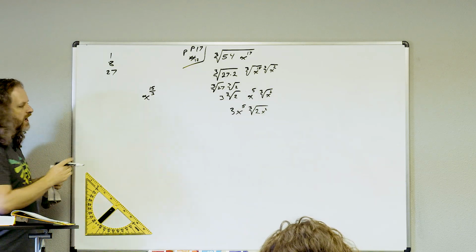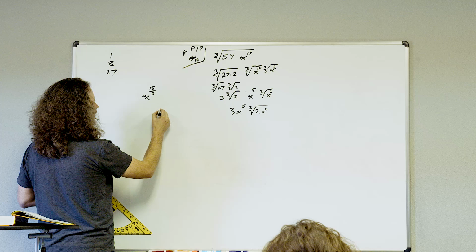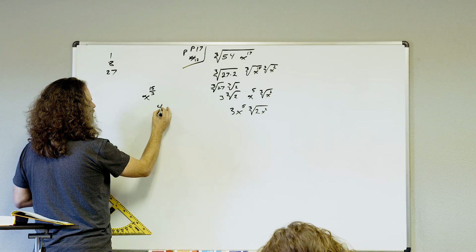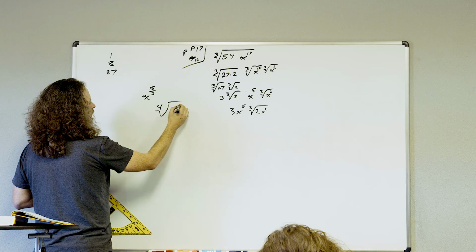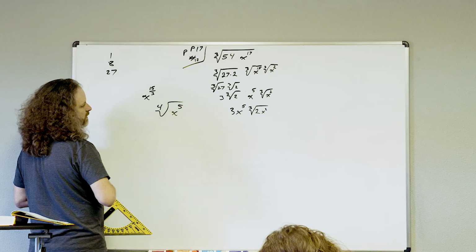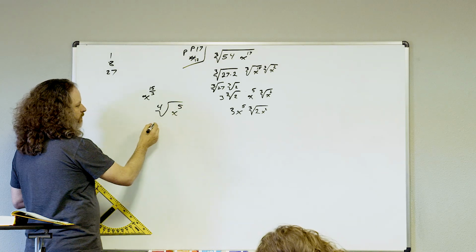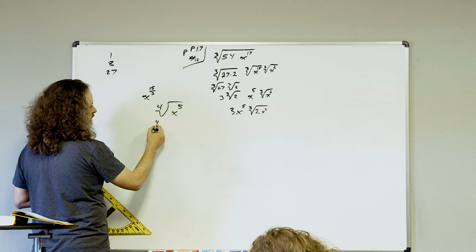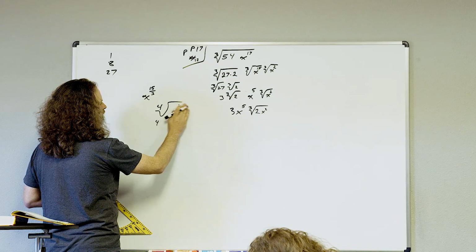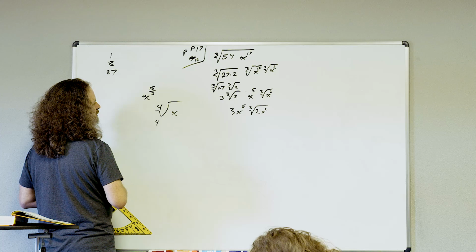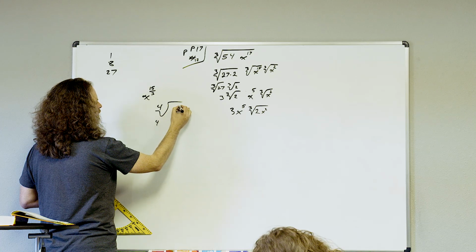What if we started out with the 4th root of x to the 5th, maybe? We could do the 4th root. Oh, this is a bad example because that's going to end up as even. What's something that would end up odd to the 8th?